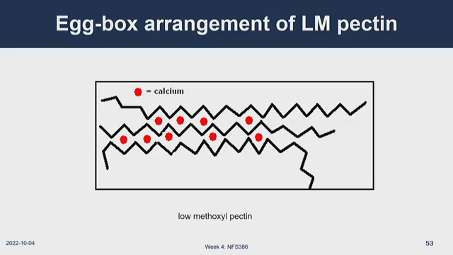How do we distinguish between them? It depends on the structure, or on the form of the galacturonic acid that is present. If there is a methyl ester, these are high methoxyl, and these are the ones that can be used to make jam.